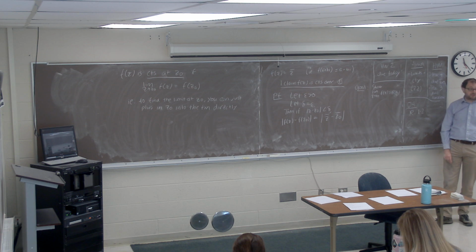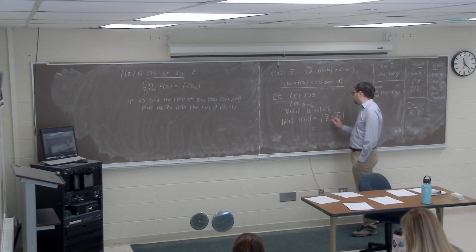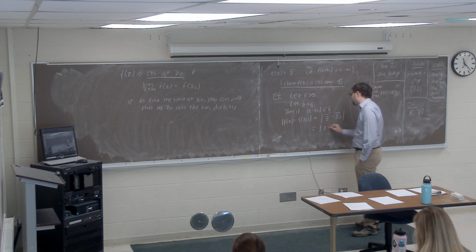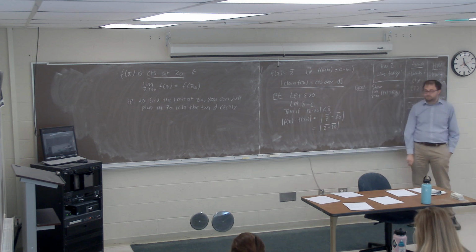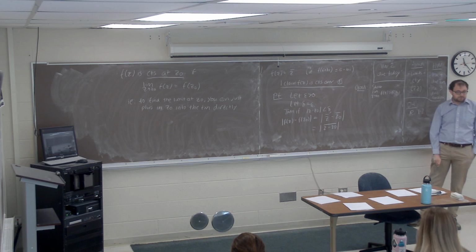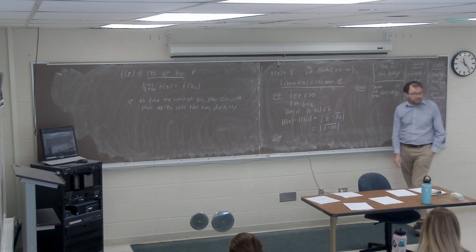And here's where we can start using some of the properties we proved on the first day. Z bar minus z naught bar is just going to be the same as z minus z naught with a big old bar above it. Caleb, question for you.